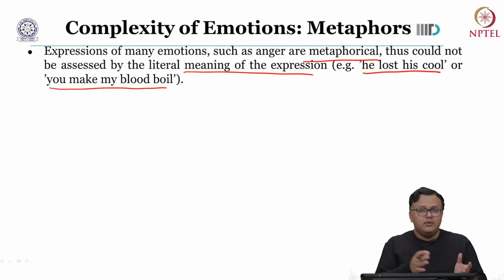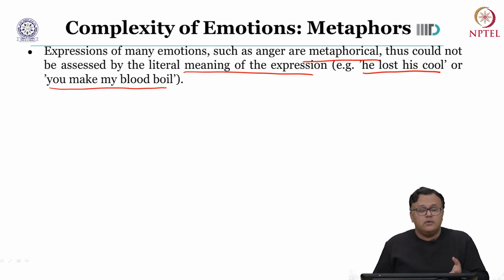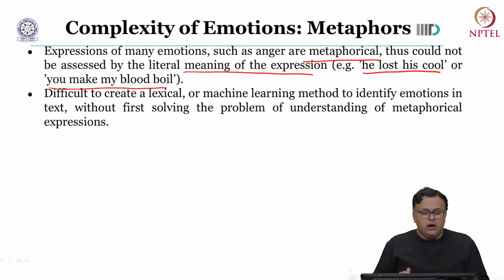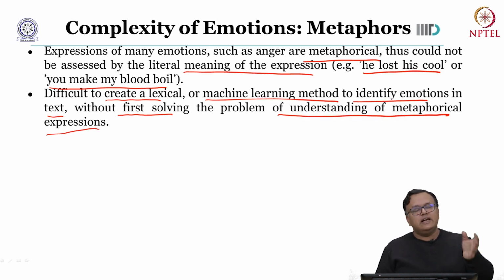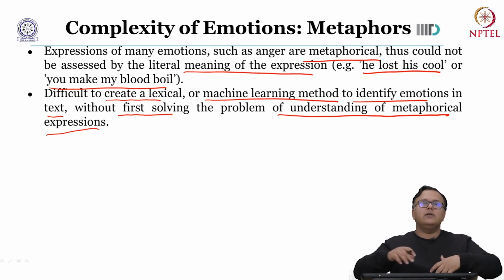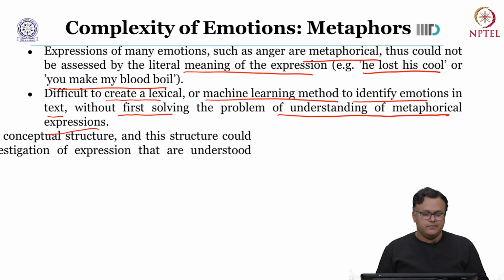It is not actually boiling the blood. It's actually the emotion which is conveyed, anger, right? Now, it is difficult to create a lexical or a machine learning method which can identify emotions in such text. And this is without first solving the problem of understanding the metaphorical expression, right? So in these kinds of statements, we need to understand the metaphor so as to be able to solve the riddle of what is the emotion which is being conveyed by the text.